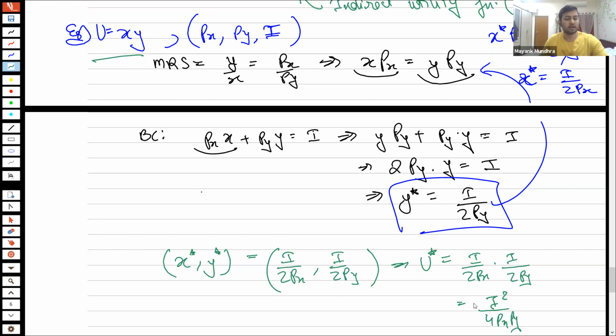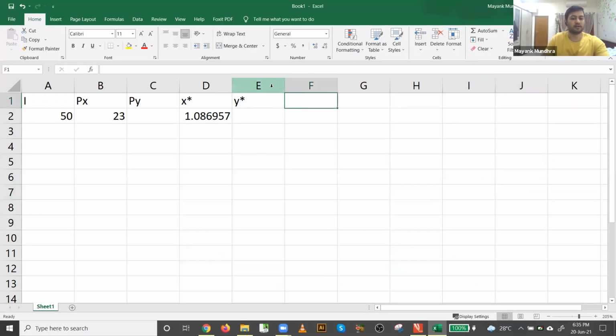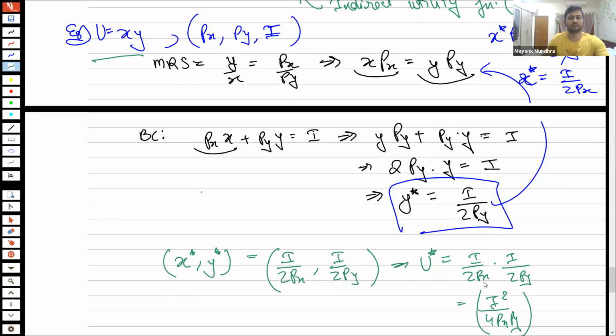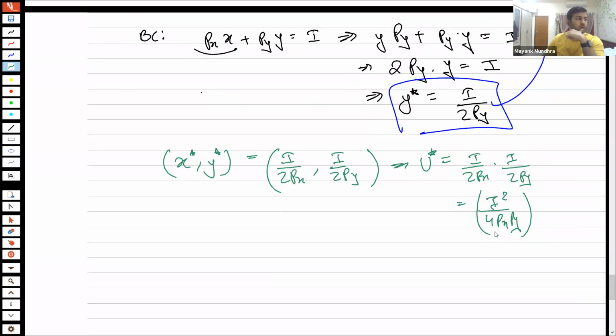So you can again define a new column as U star, and then you can write the functional format of U star as this formula: I square by 4px py, and that would give you all the utility values for different people.